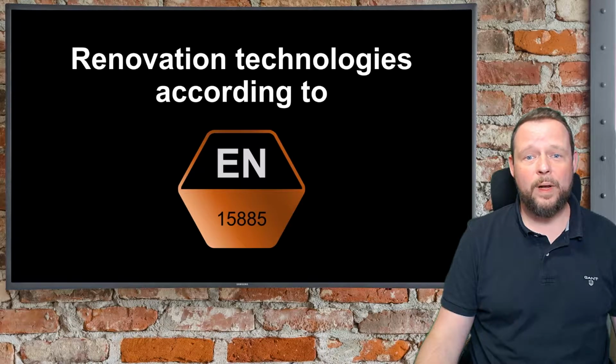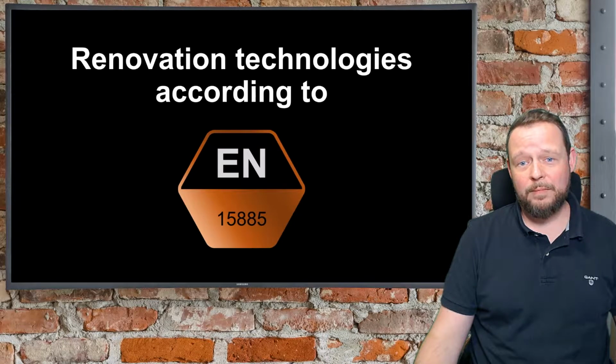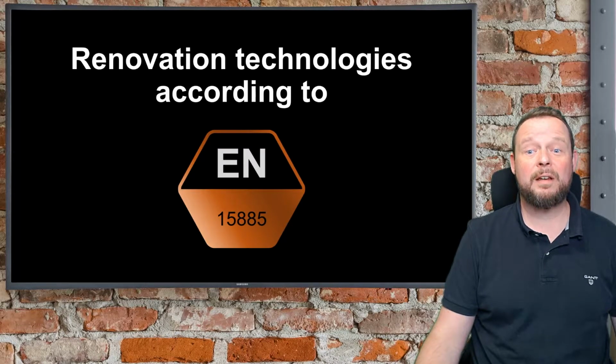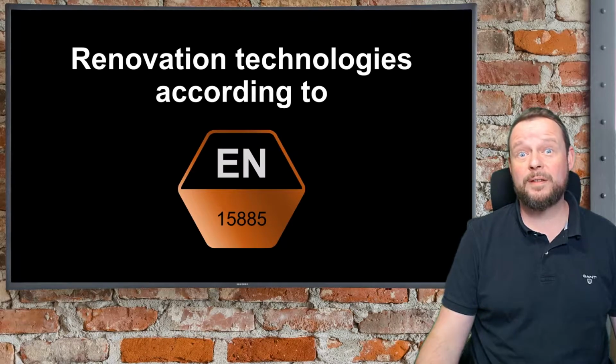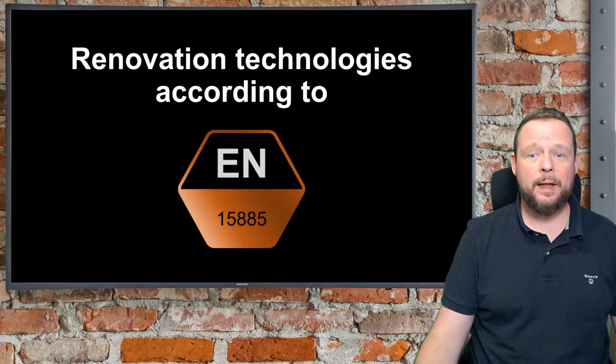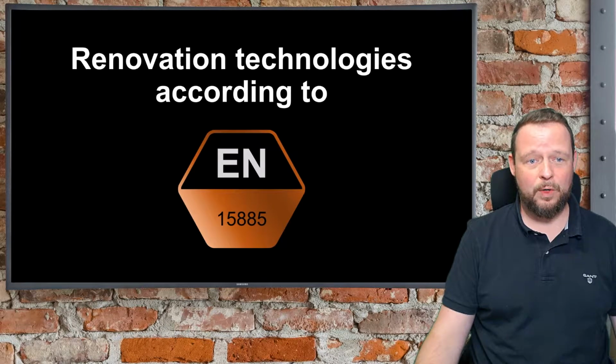The EN 15885 is a European standard which describes actual renovation and also repair technologies. Its name is the classification and characteristics of techniques for renovation and repair of drains and sewers. We will have a look at some of the renovation technologies at this moment.